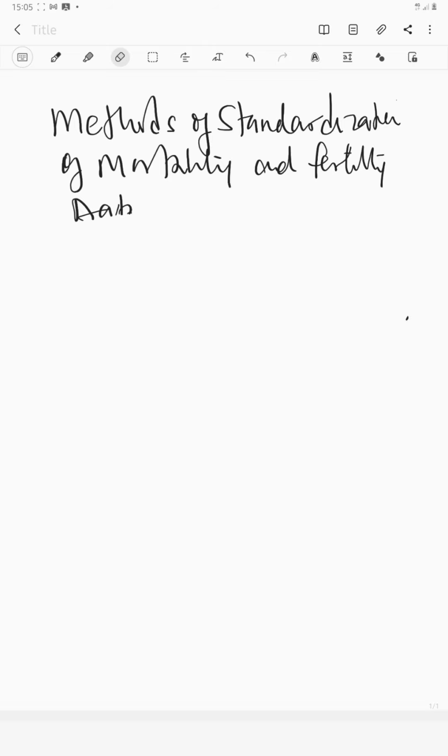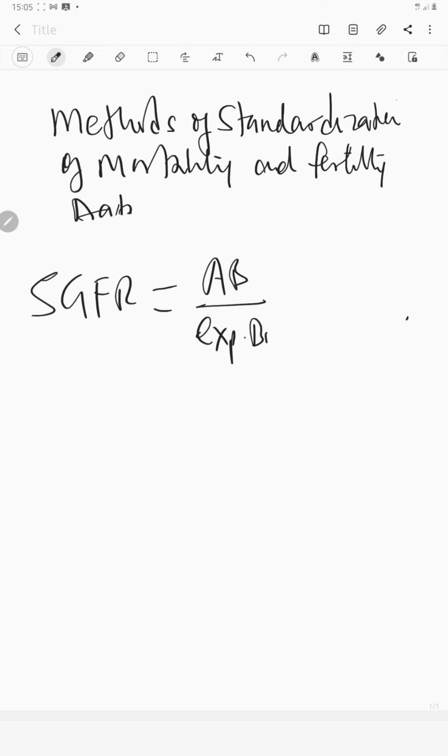Now I want you, in your own time, to go and look at table 6.4, which is looking at computation of indirect standardization of general fertility rate. Now this is not mortality, but fertility. The standardized general fertility rate is obtained by taking actual birth divided by expected birth multiplied by general fertility rate.